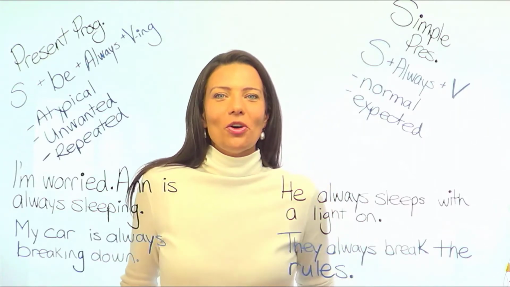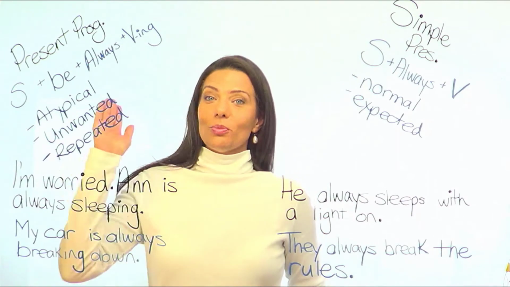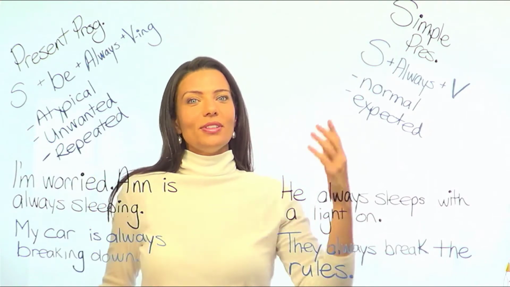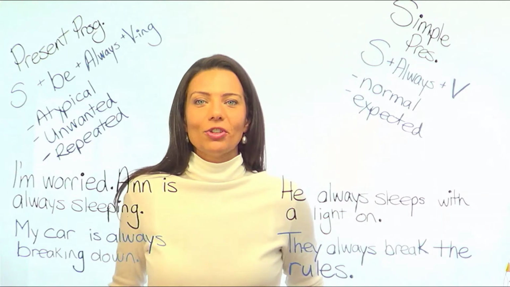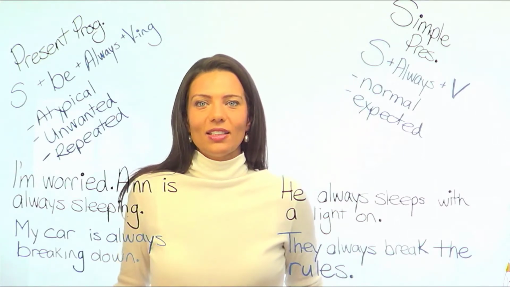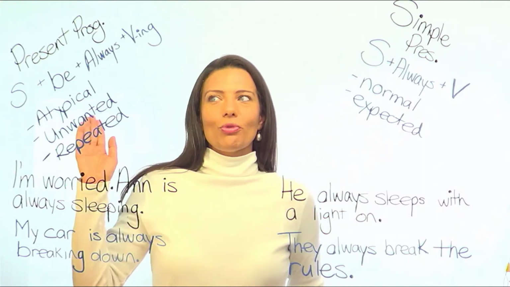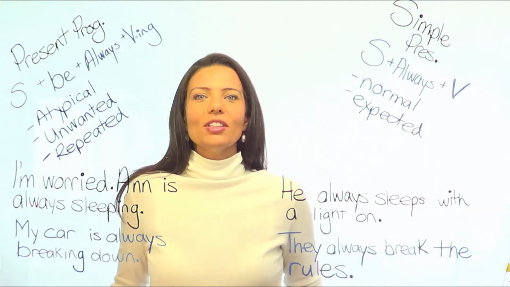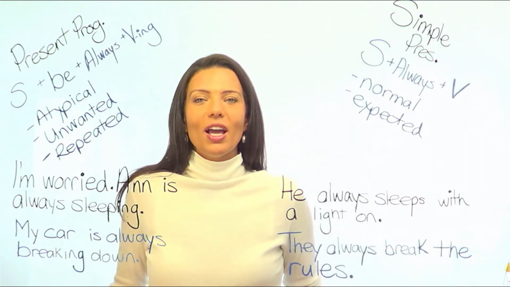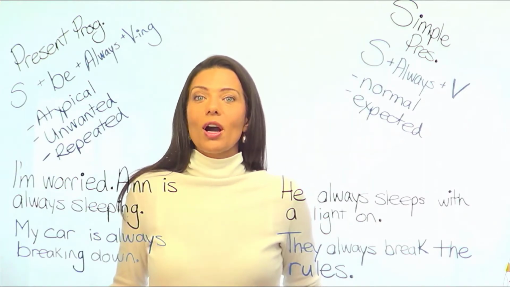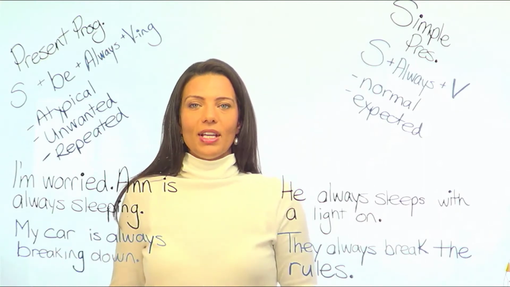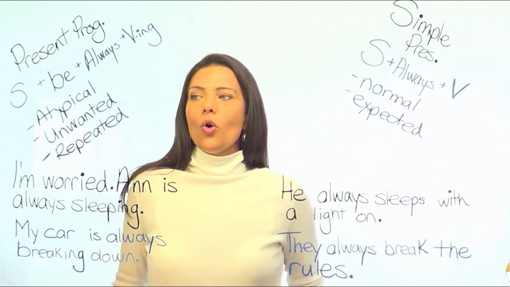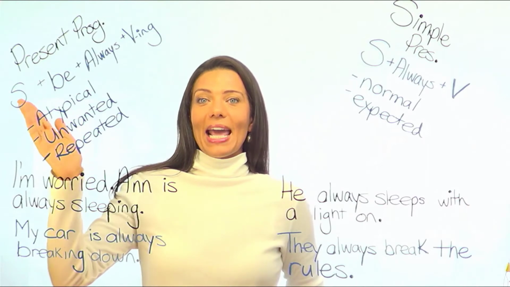In today's video, we're going to be talking about how to use the present progressive and how to use the simple present in different ways for different reasons. First of all, we're going to start with the present progressive, and I'm going to show you how the present progressive can be used for a particular situation. That situation is when an action is atypical.